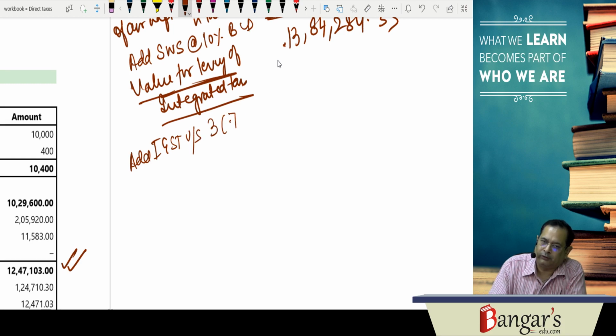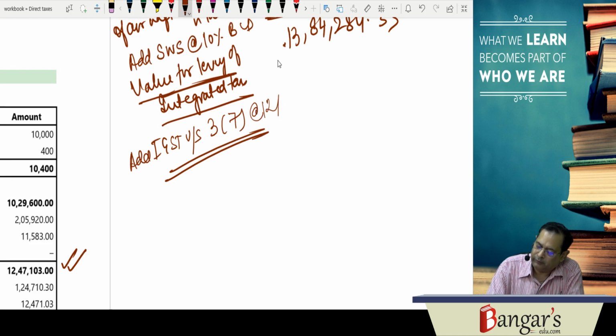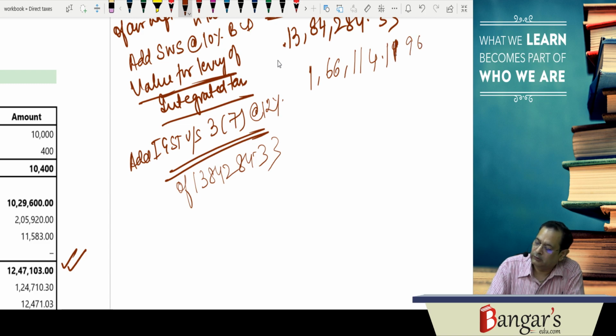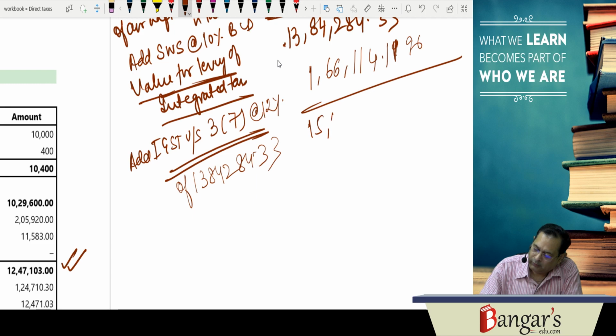So add IGST under section 37 at the rate of 12% of this value of 13,84,284.33, that gives you 1,66,114.1196. So basically when you add it, it gives you 15,50,398.44.